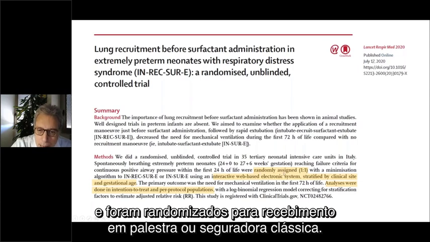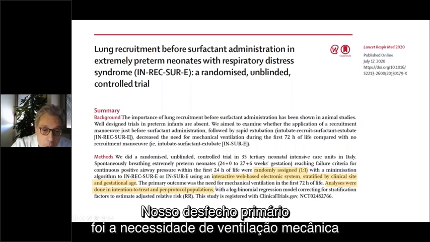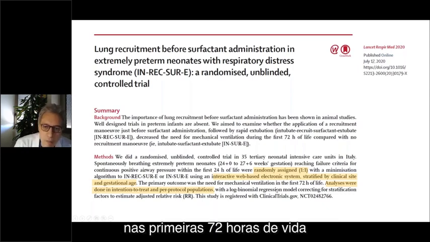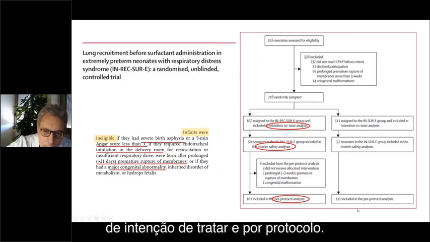And they were randomized to receive INSURE or classical INSURE. Our primary outcome was the need for mechanical ventilation in the first 72 hours of life. And we performed analysis in terms of intention to treat and per protocol.